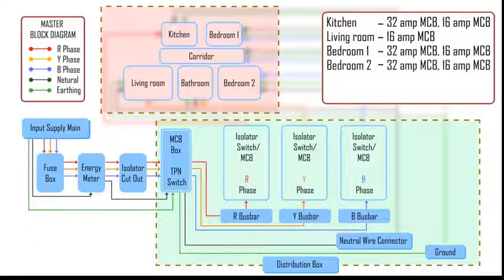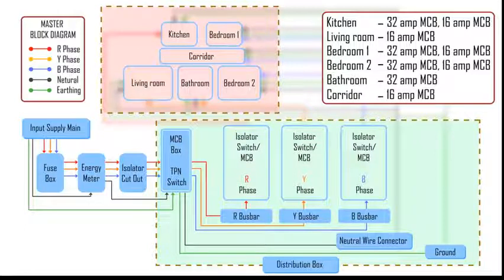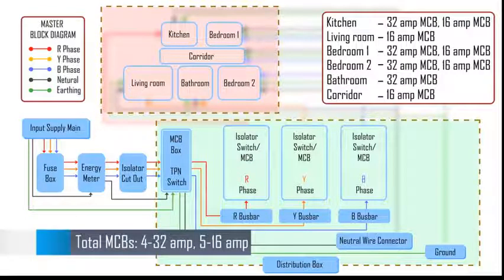Bedroom 2 requires one 32 amp MCB and one 16 amp MCB. The bathroom requires one 32 amp MCB. The corridor requires one 16 amp MCB. Thus, we require 4 32 amp MCB and 5 16 amp MCB in total.